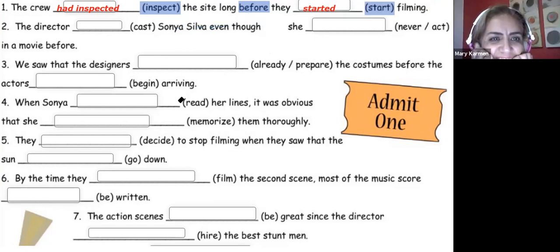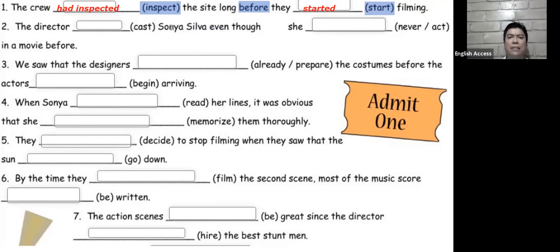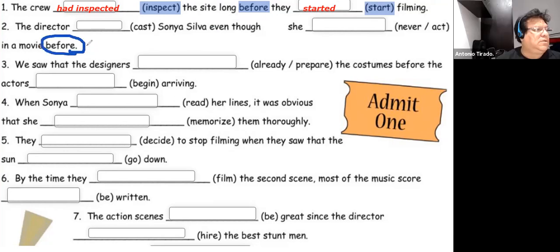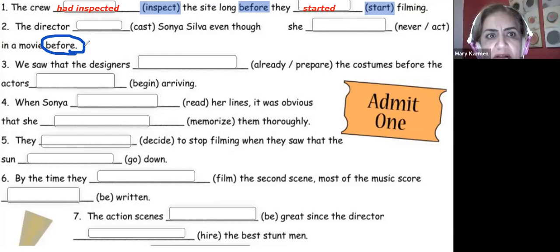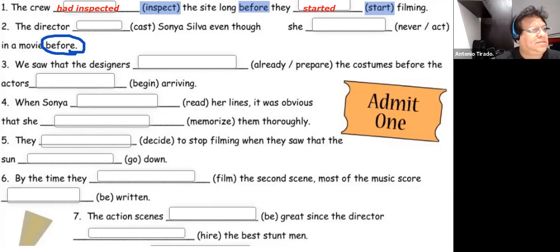Number two, the director cast Sonia Silva even though she never acted in a movie before. So now I have this clue, before. So what is the older event? The director cast. She never acted in a movie before.